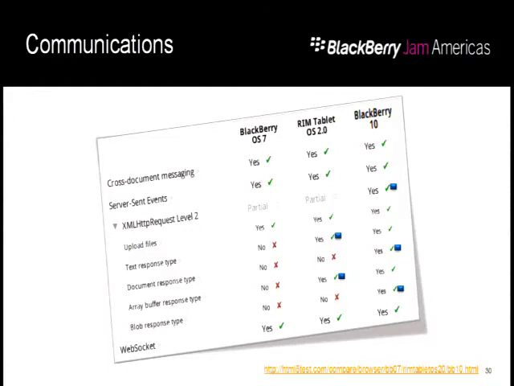WebSocket also has been a little bit rocky. The spec has changed back and forth, so there were breakages around the PlayBook time frame. But now it's starting to stabilize around the standard, and we have a good implementation in place. So for your modern web applications to talk to different server-based endpoints, we're really covered.